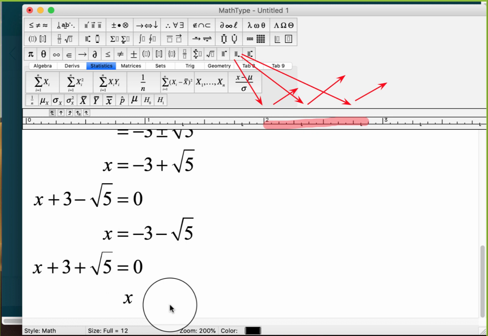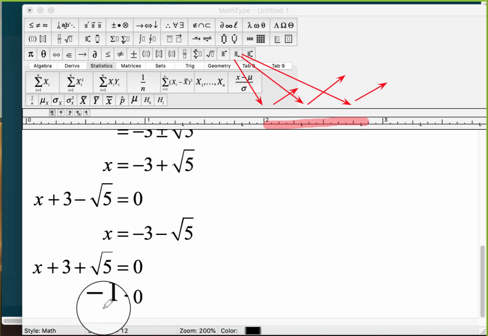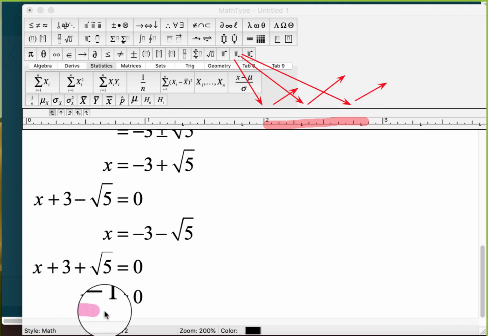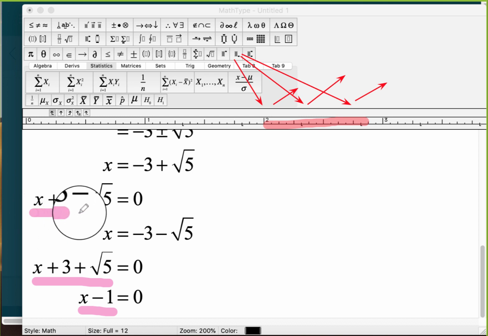X minus 1 from our first expression when we had x equal to 1 as a 0. So we will then multiply the following. We'll multiply x minus 1. We'll then also multiply x plus 3 plus root 5, and then we'll multiply x plus 3 minus root 5.